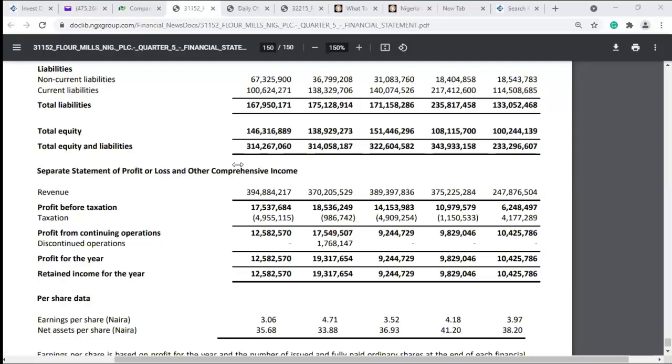Massively. The only good thing I see is they are trying to do backward integration in terms of wheat. They are trying to negotiate with some farmers in Jigawa, on the other side, to see how they can give them good seedlings, because I think that's the main cost.